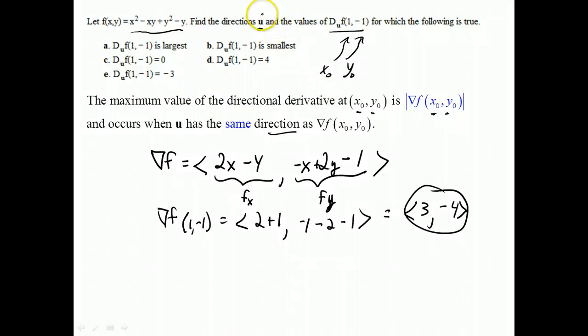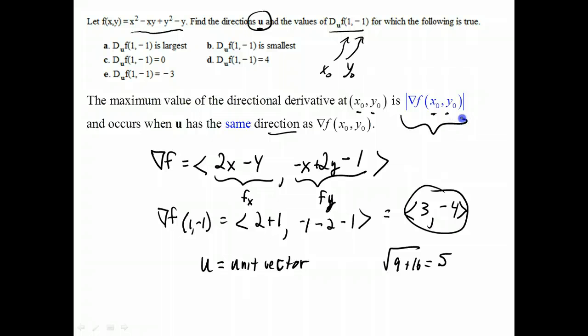Now, when they have this u in every one of these problems, although it isn't really stated in the directions, in the way they word the problem, the u that they're searching for is a unit vector. So we have to make this magnitude 1. And so we get 9 plus 16, so the magnitude is 5.